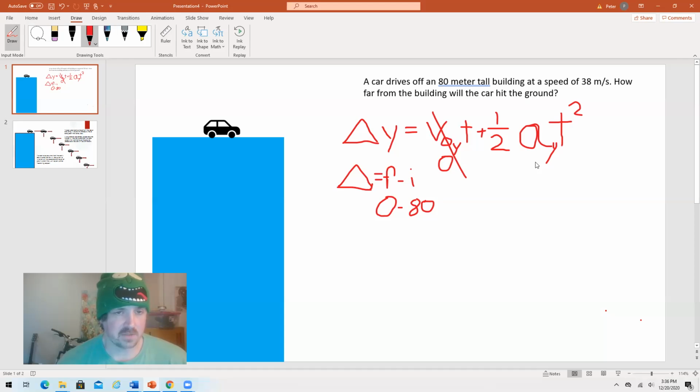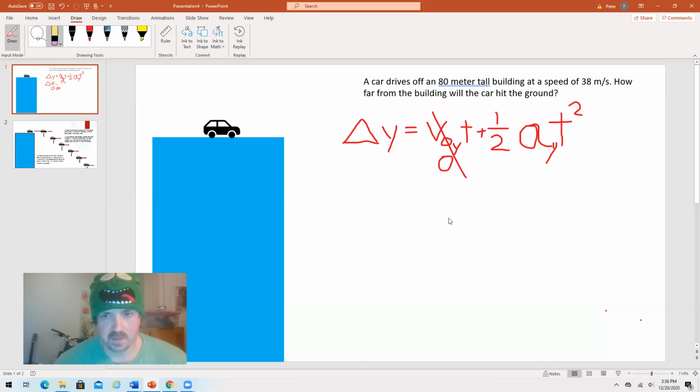The acceleration due to gravity is unique to whatever point in the universe you happen to be, whatever gravitational reference frame you happen to be in. On Earth, it's 9.8 meters per second squared. And so that's what a is going to be, also in the negative direction in the y. So let me erase this and rewrite it, and we will do our algebra in a way that allows us to solve for t.